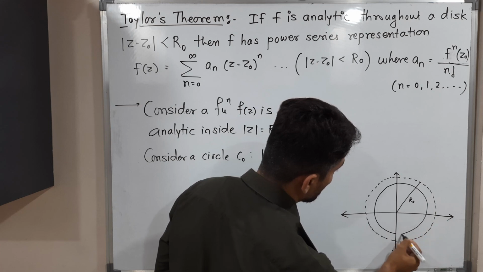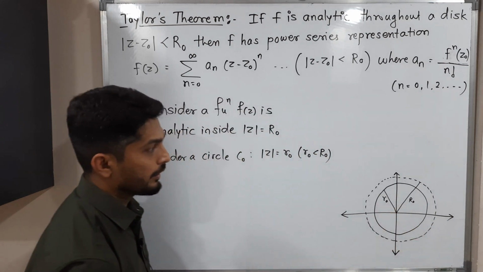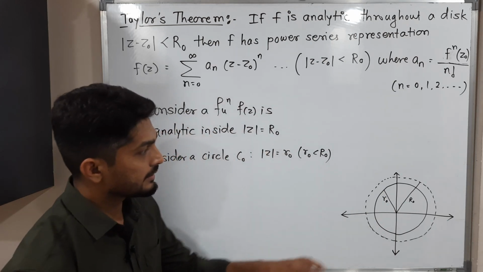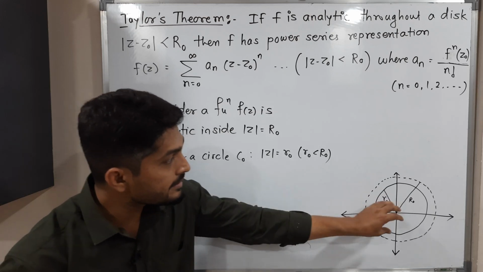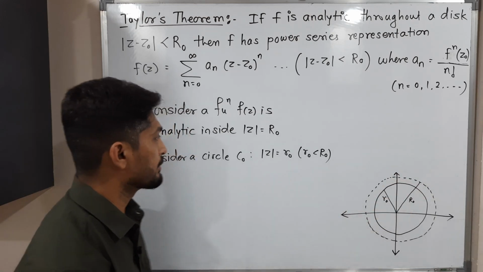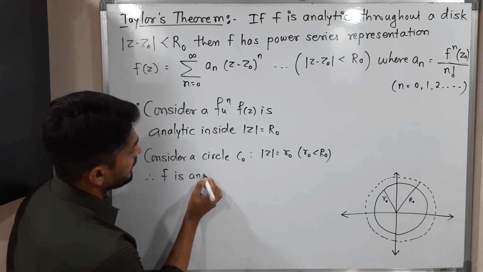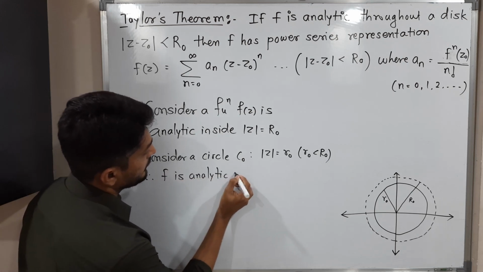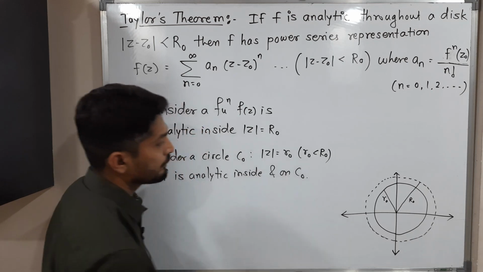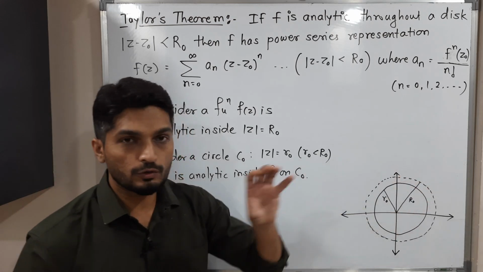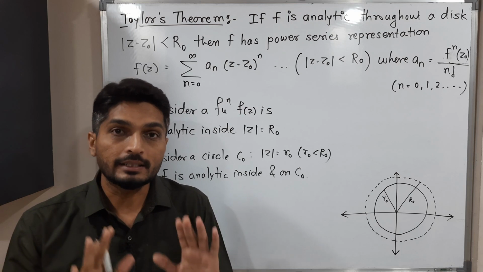Its radius is small r naught. We have considered a circle smaller than the first one, so that's why the function will be analytic inside and on boundary also. So therefore f is analytic inside and on c naught. So the function will be analytic inside and on also for a smaller circle, but for a larger circle it is simply analytic inside the circle.